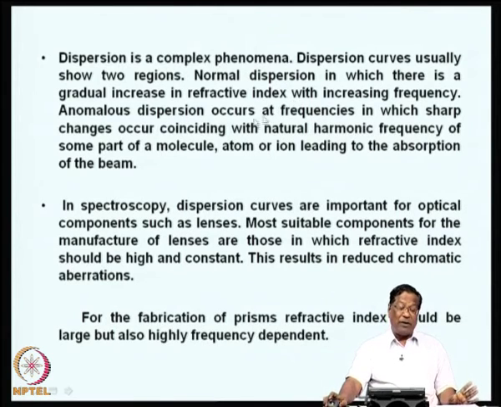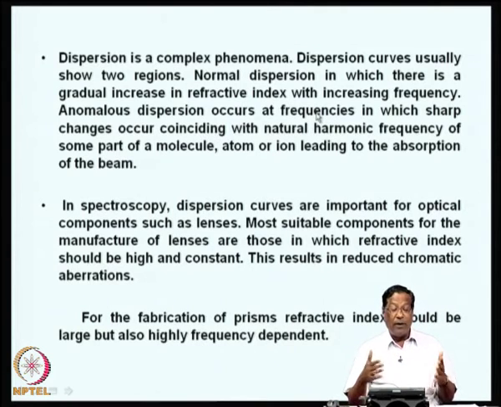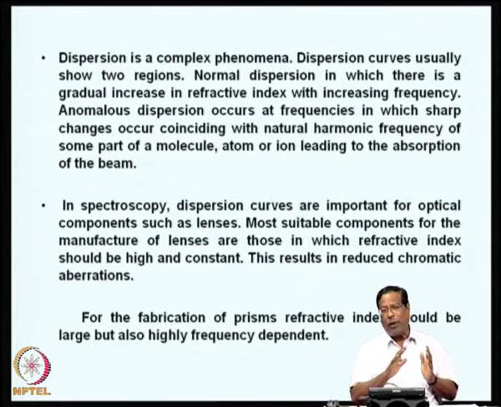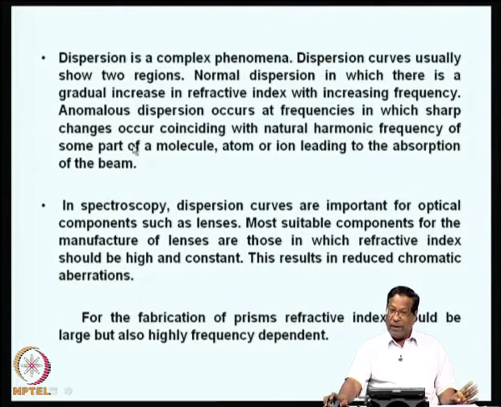Sometimes anomalous dispersion occurs at frequencies where sharp changes occur, coinciding with the natural harmonic frequency of some part of the molecule, a functional group of a molecule, or of an ion, leading to an absorption of the beam. So, in general there are two types of dispersions. One is normal, which shows the increase in refractive index with increasing frequency. Another is where sharp changes occur.